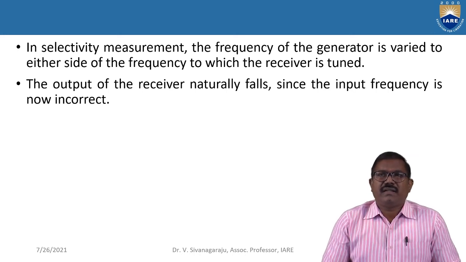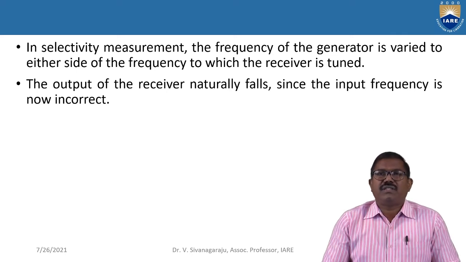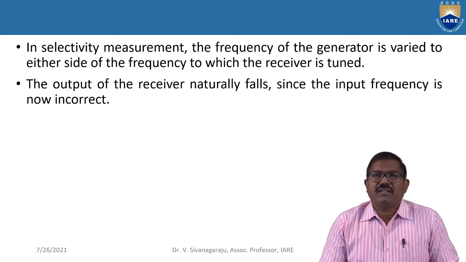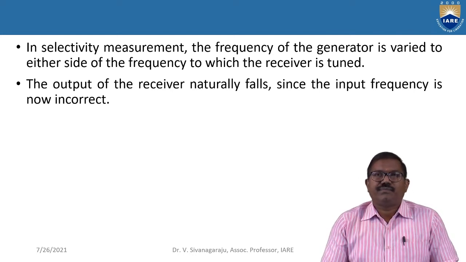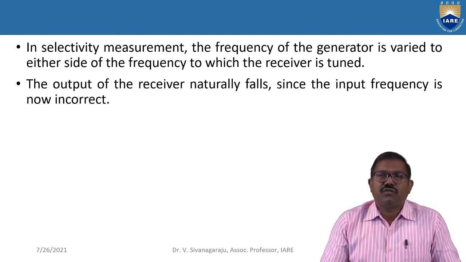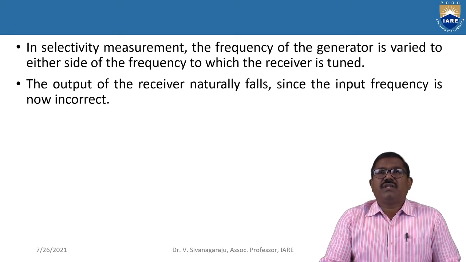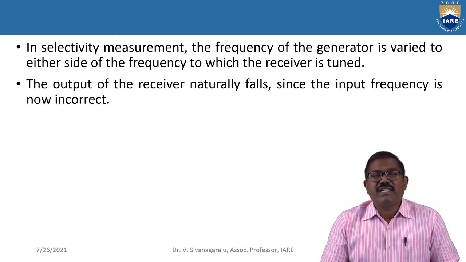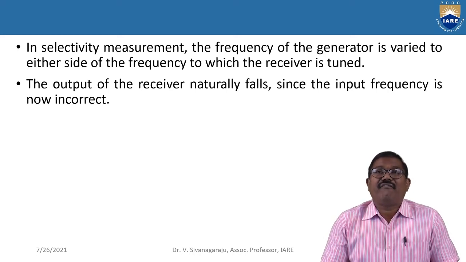When you take a radio, how is tuning done? We rotate the knob for the station required, and the particular station becomes audible to the listeners. That means the receiver has the ability to reject all unwanted frequencies.